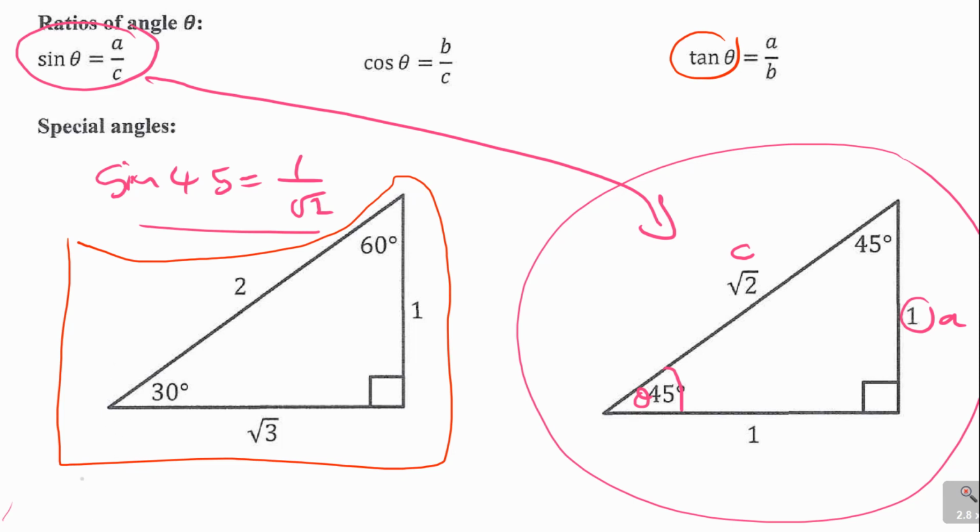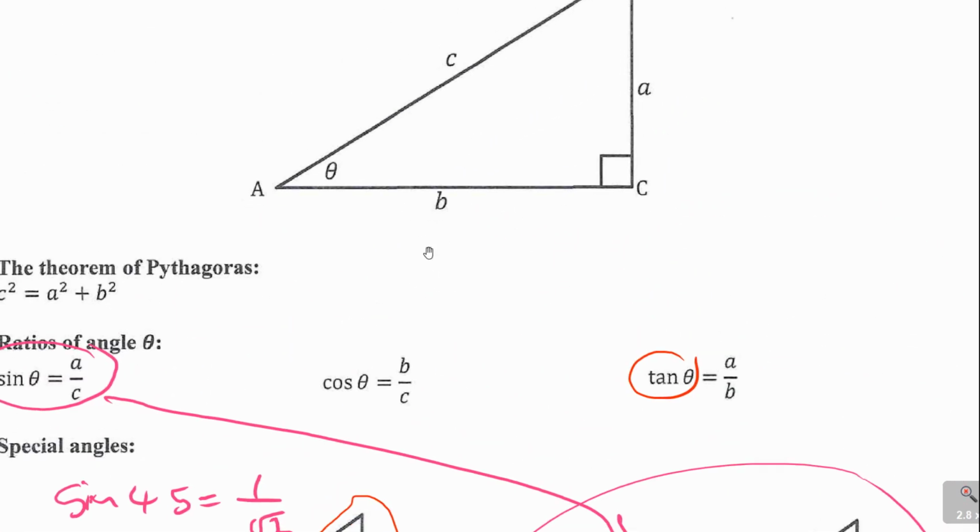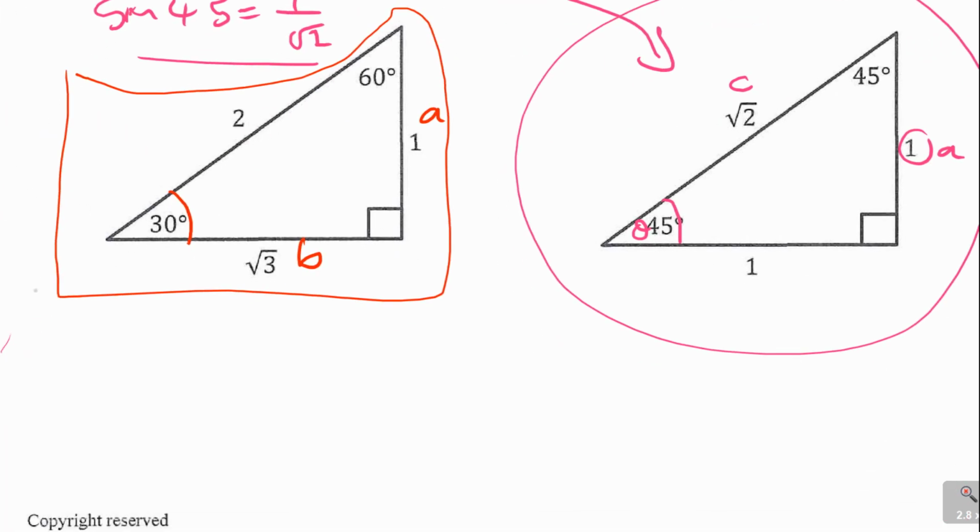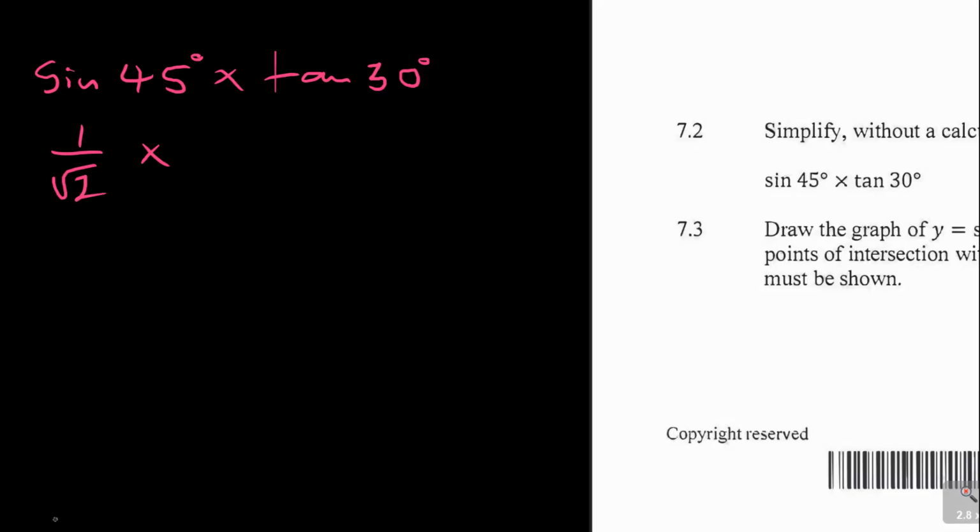Since we're dealing with 30 as our theta, this was our A, and this was our B, if you remember from the previous triangle. So tan theta is A over B. Then if theta becomes 30, your A is 1, your B is root 3. See that? So this will be 1 over root 3.